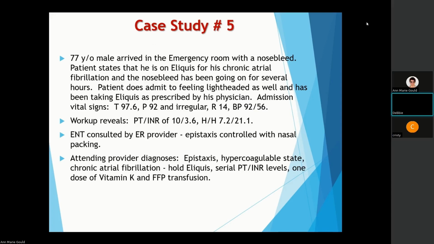Yeah, because we have bleeding, and we have the source. H&H, we have the hemoglobin is 7.2. Right now, they've only got FFP and the vitamin K to reverse. That's only for the INR, hypercoagulable state. That's right. So I'd watch for anemia for possible ABLA.